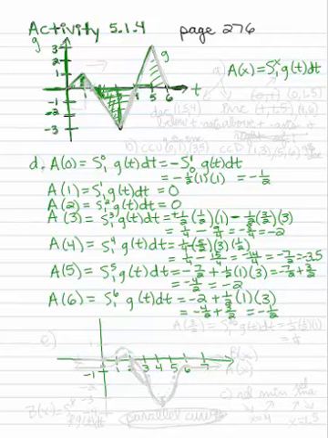A of 1 is 0. A of 2 is 0. A of 3 is negative 2, so we're going to come down to negative 2. A of 4 is negative 3.5, so we have to come down 1.5 more, and we end up right here. A of 5 is negative 2. A of 6 is negative 1/2, which falls right on my 6. Okay? So we know those points.